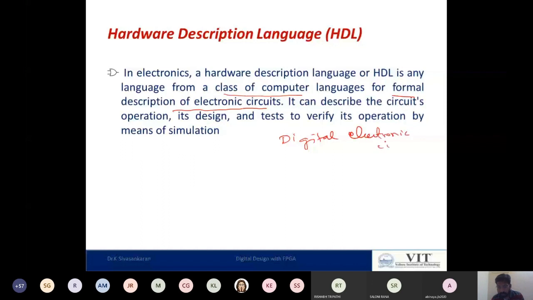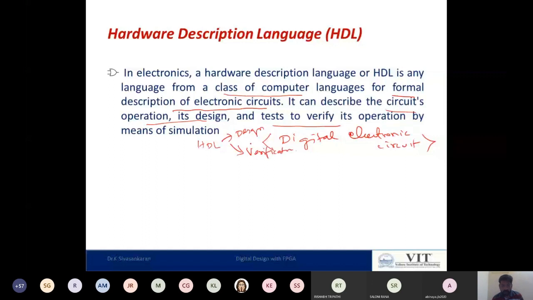We'll be discussing that in detail. It is a formal language used to describe the functionality of digital electronic circuits. So it can describe the circuit operation, that means the functionality, the design, and also verify its operation by means of simulation. So one language can be used for the design and for the verification.